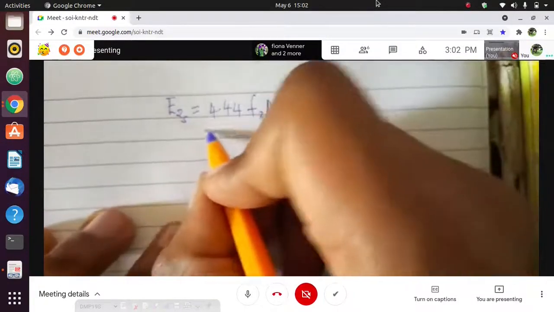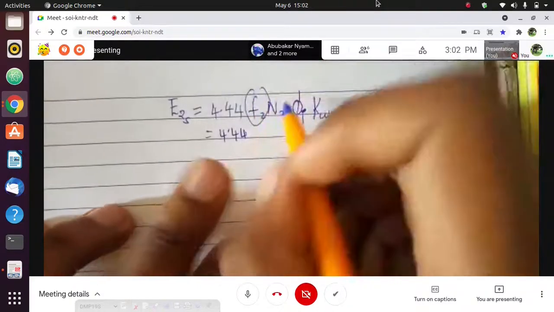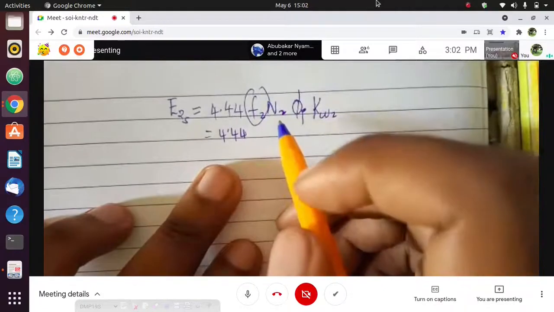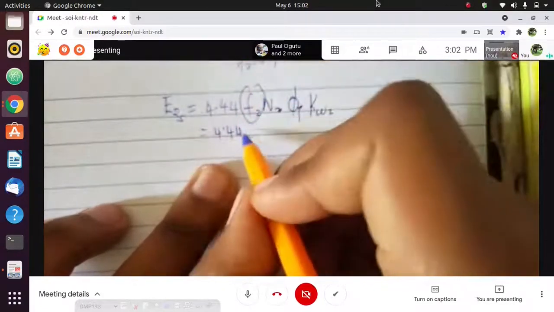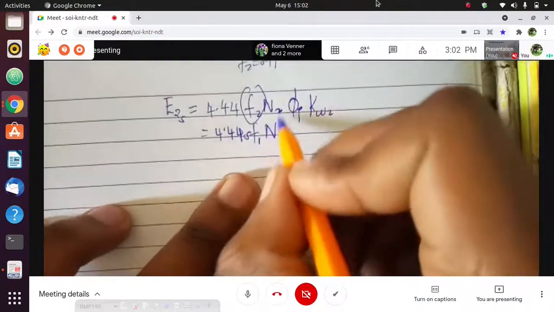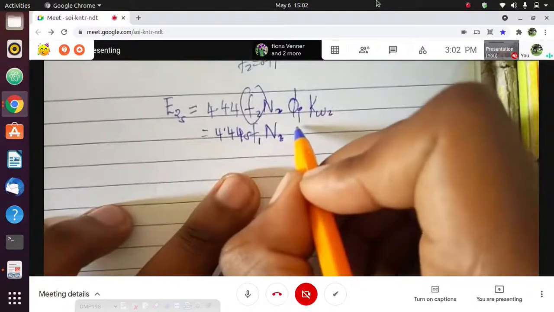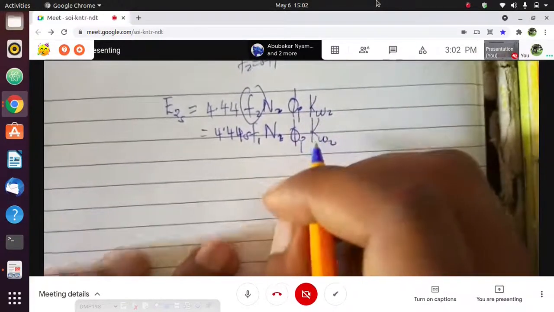When you replace F2 with F1, you'll get that F2 is equal to S F1. So 4.44 times S F1 times the number of turns in that circuit times the flux per pole times the winding factor Kw2.